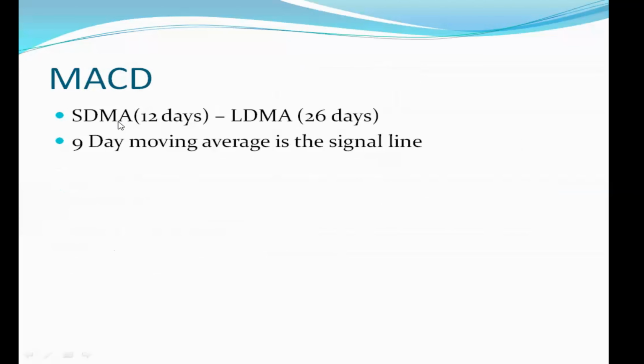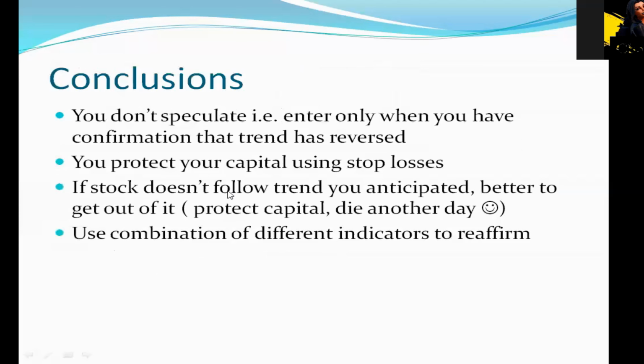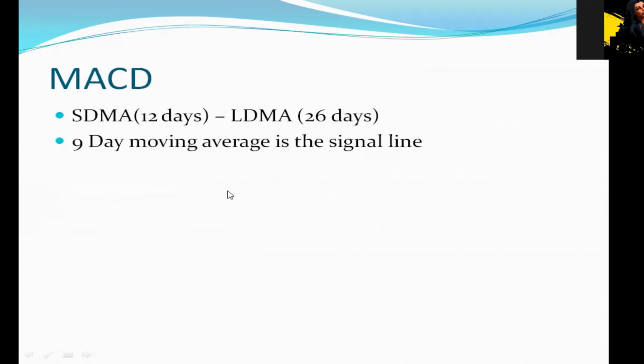It is a short-term moving average, 12 days, and the difference between the two. The difference is represented as a number, and once you look at those numbers, you are able to actually generate signals.